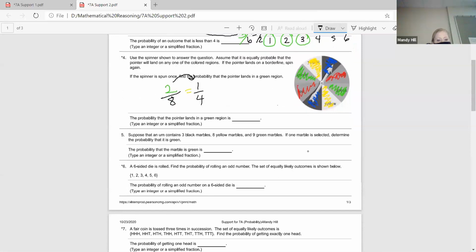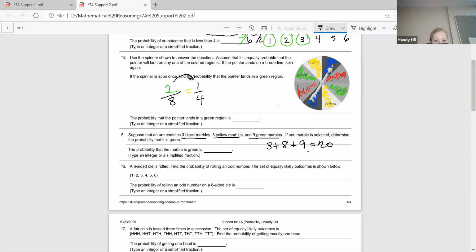Suppose that an urn contains 3 black marbles, 8 yellow marbles, and 9 green marbles. If one marble is selected, determine the probability that it is green. We're going to need to add up the 3 and the 8 and the 9, which is going to be 20.